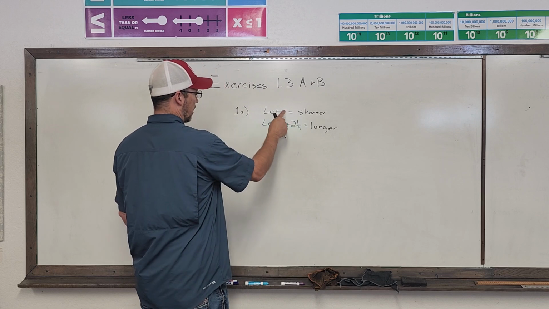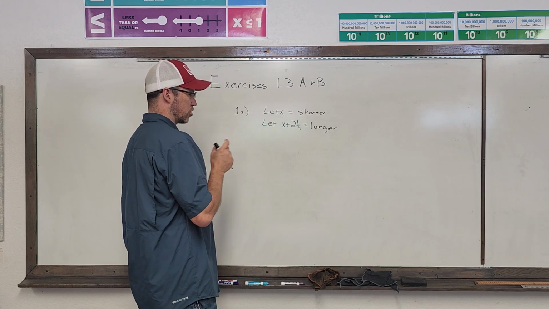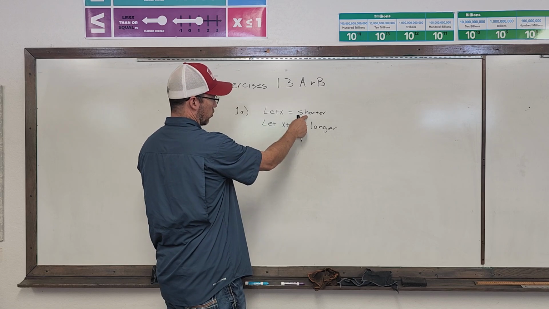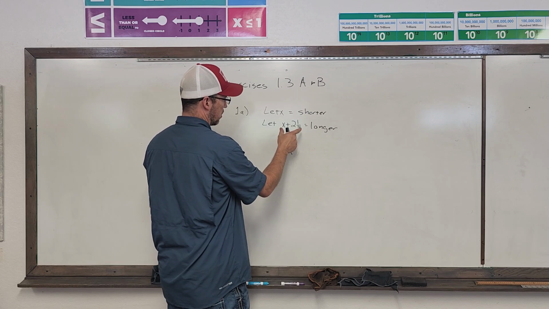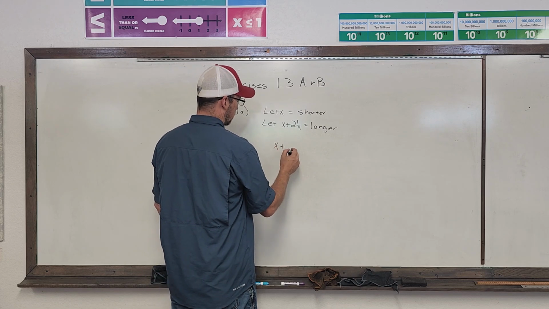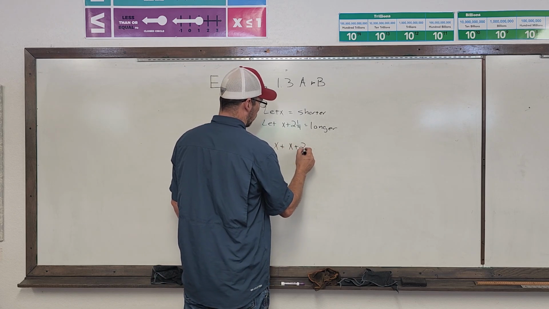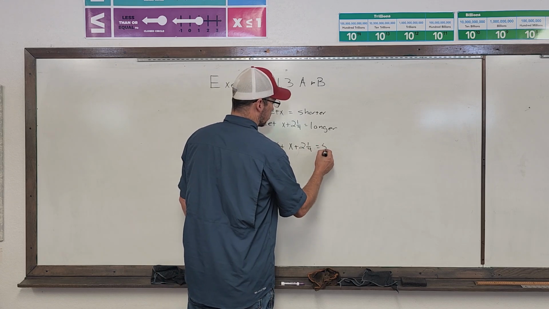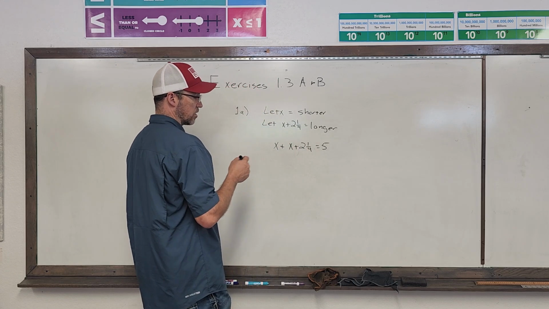So now I've got x as my shorter section of line. That plus 2 1/4 inches, because that one's 2 1/4 inches shorter than this, is my longer one. When I add those two things together, x plus 2 1/4, I know the overall length was 5 inches. So now I'm just going to do the algebra to it.